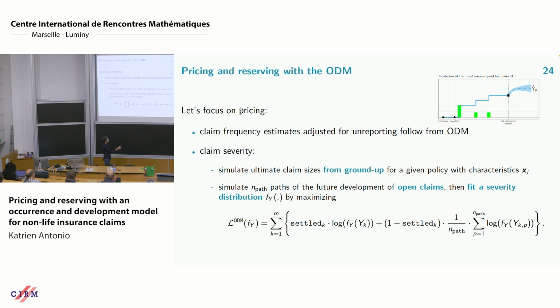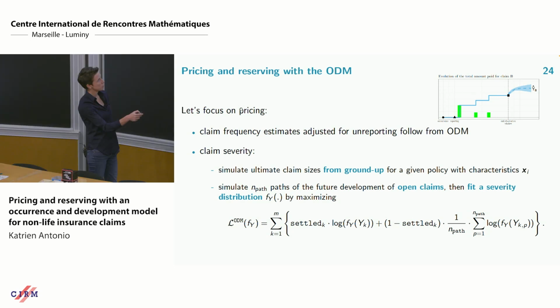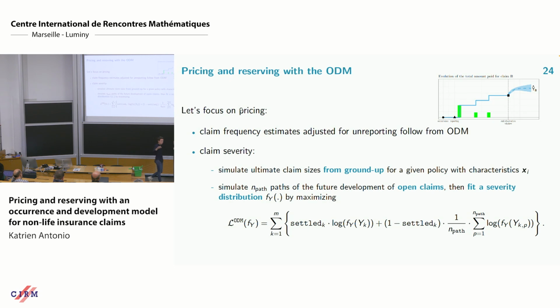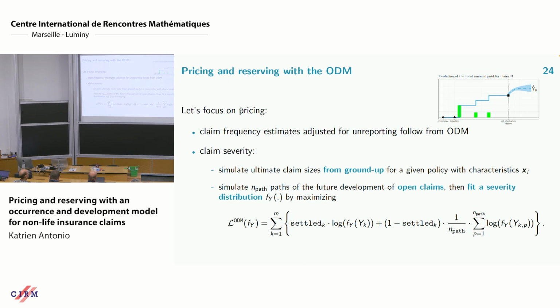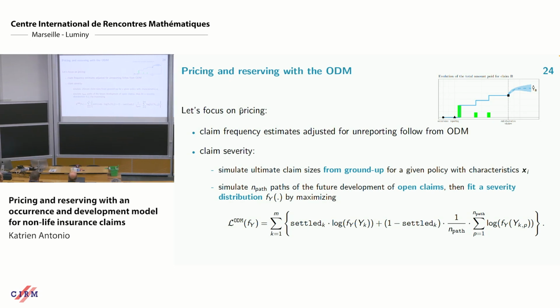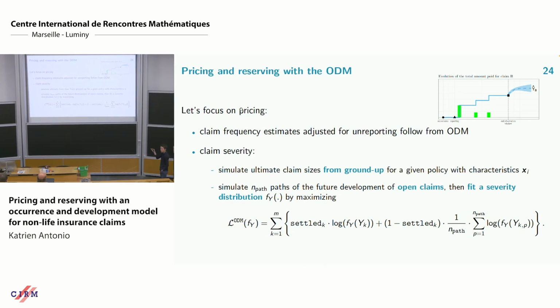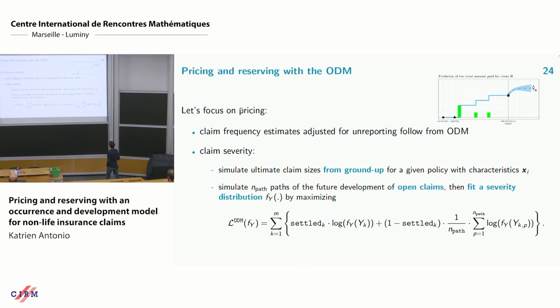So we have observed the development of a claim up to here. And then the best thing we can do is say, here I have 100 paths of what it potentially can be along our development model. And I'm going to acknowledge that these are just paths of what it can be in the future.